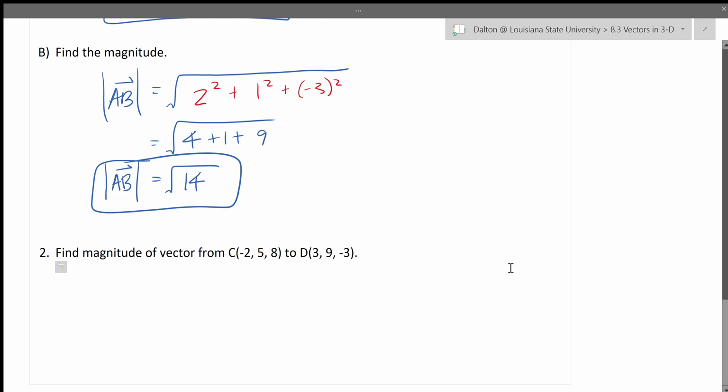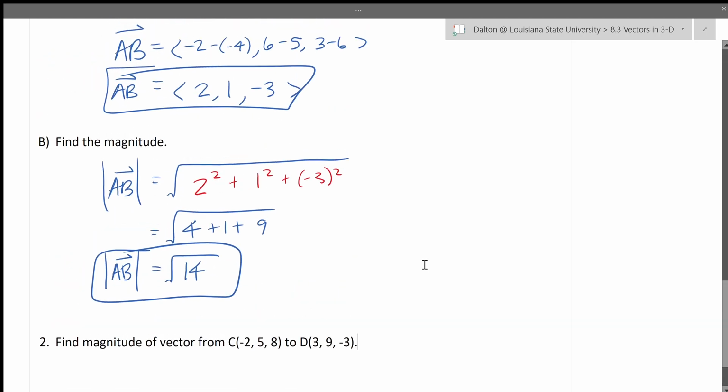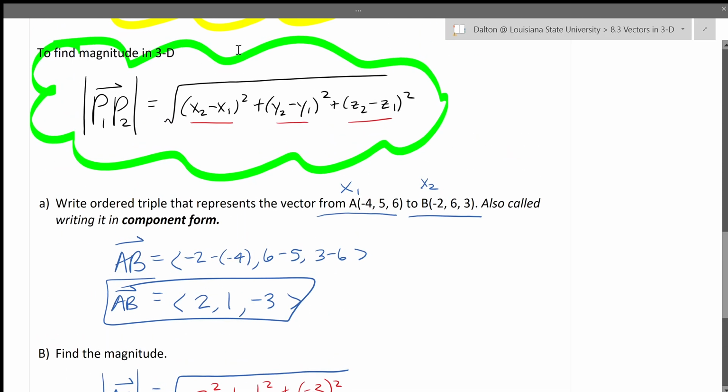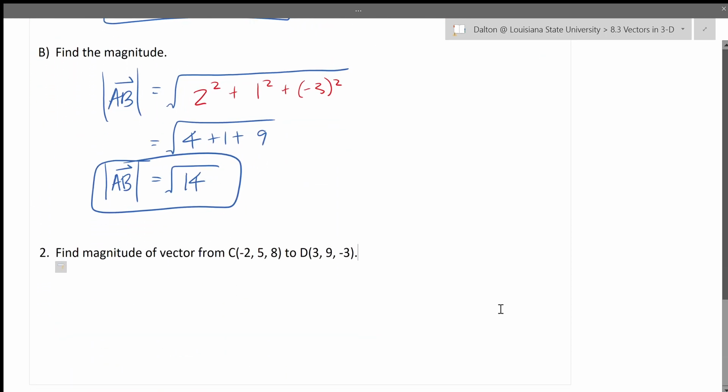Now, if you wanted, you could find the vector component first, and basically I'm asking you the same question, all wrapped up in one, but we're going to have to do these same 2 steps. You're going to have to find the x2 minus x1, y2 minus y1, z2 minus z1 numbers, and then you plug them into the magnitude formula, or you could do it all in one. Okay, and since I have the numbers, I'm just going to do it all in one. So you can go straight to your magnitude if I'm not asking you for the vector component.